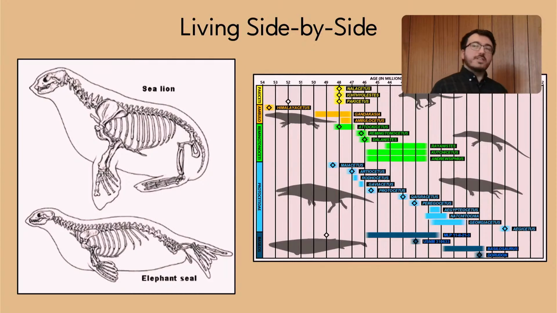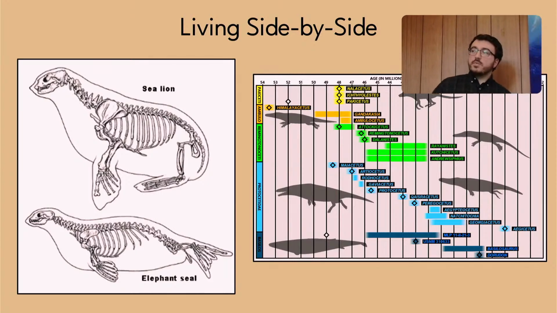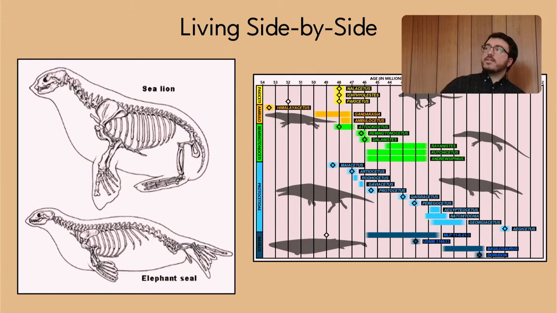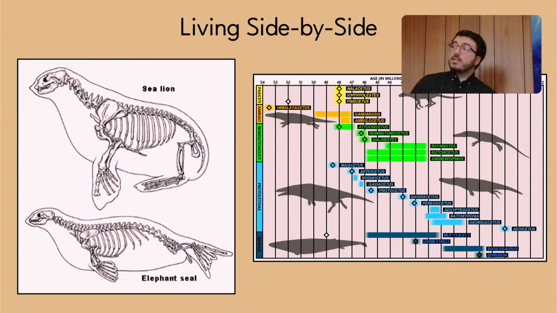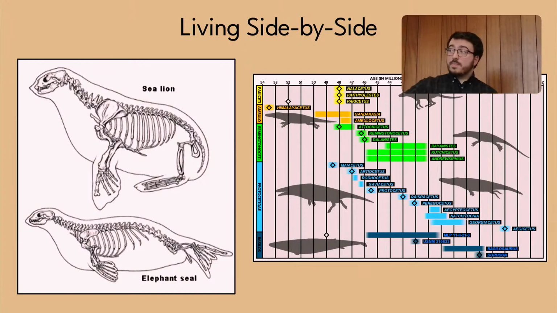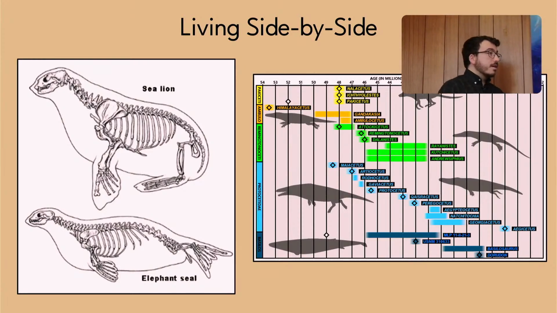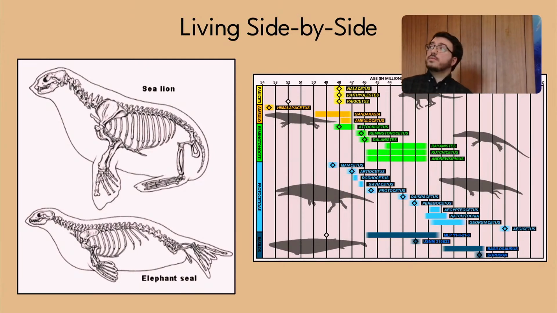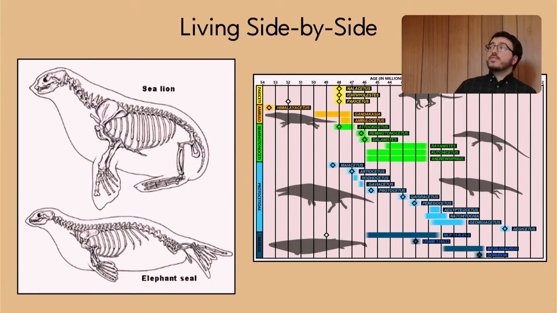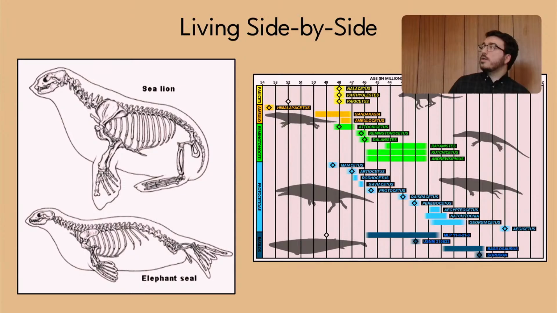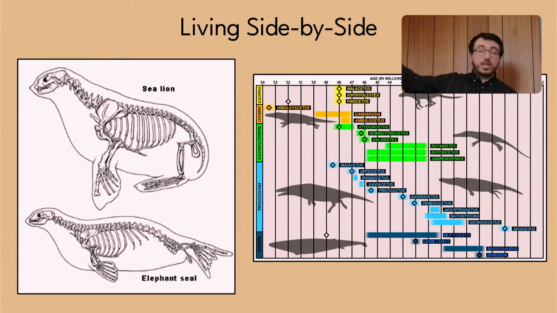Not very much, but they are a little bit better at moving on land than seals are. If you just had the skeleton of a seal, you might think that it was more well adapted to living in the water than a sea lion is. But they're both living at the same time from the same common ancestor, so it's very similar to different early whales living at the same time.